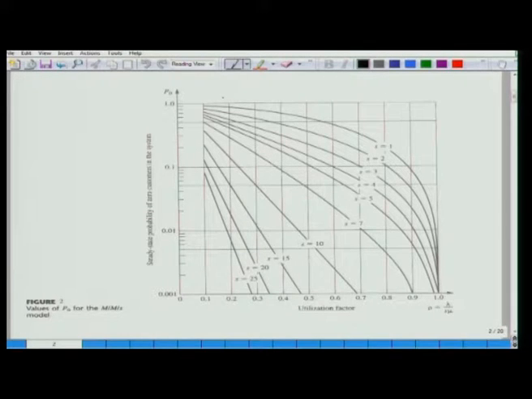For 0.8, for example, the top line shows you the utilization factor versus the steady state probability of no customer in the system. These are the different lines, and you see that when S is 25, the utilization factor is even less than 0.3. Of course, we also expect that, because the more the servers, the lesser the utilization factor.